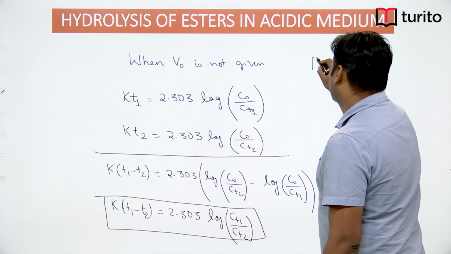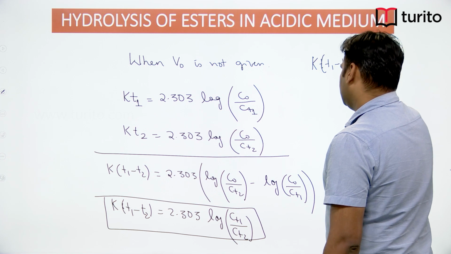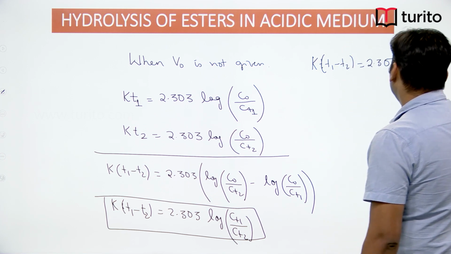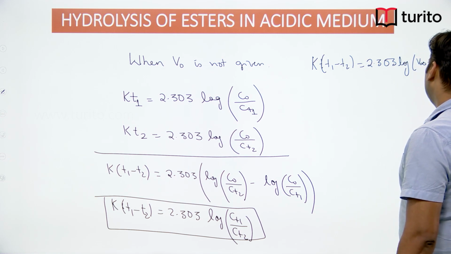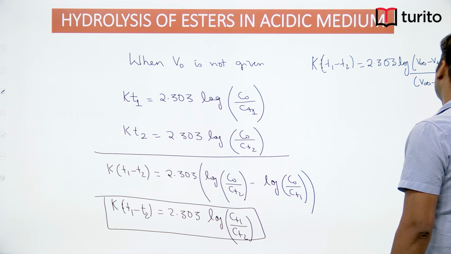So we can write this expression also as K into (T1 minus T2) is equal to 2.303 log of C T1 upon C T2, where C T1 would be V infinity minus V T1 divided by V infinity minus V T2.